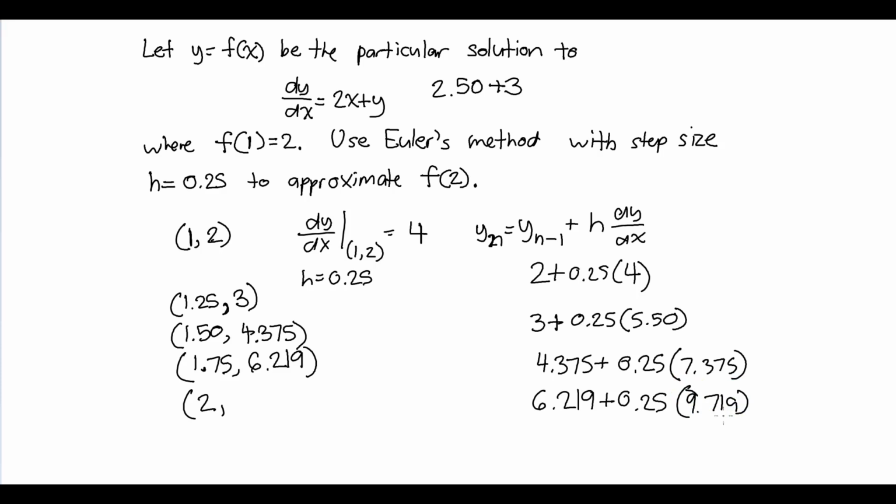Now that gets you our approximation, 8.648. And now you can see that f of 2 is approximately 8.648. So there's nothing really confusing about it, okay? You're literally applying a formula repeatedly until you get to your desired x value. And the value of y you get is your approximation.